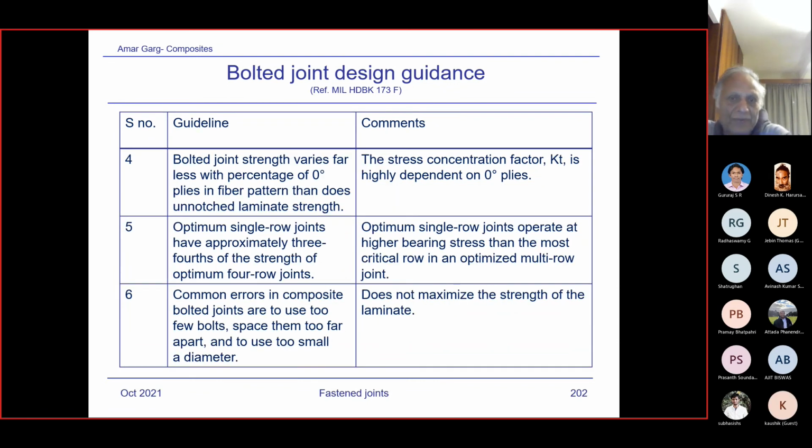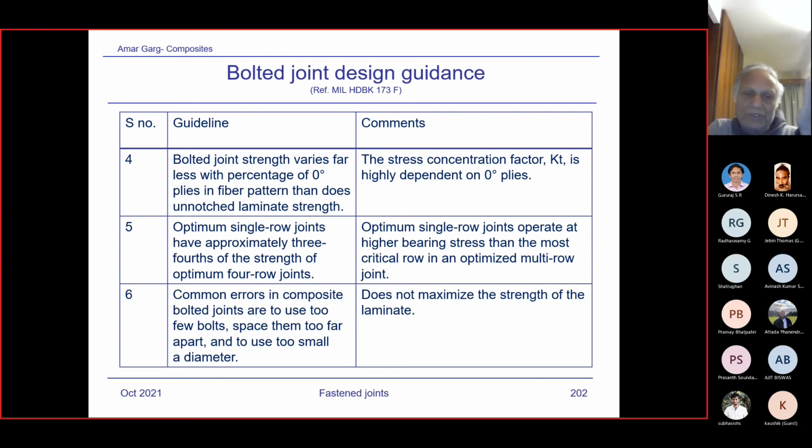Bolted joint strength varies far less with percentage of 0-degree plies in fiber pattern than does unnotched laminates. Okay, don't worry. Optimum single row joints have approximately 3/4 of the strength of optimum 4-row joints. What it is saying, do not keep on increasing the number of rows, because from the fastener load distribution I showed that usually the first and last fastener will pick up the highest load and the middles won't pick up.